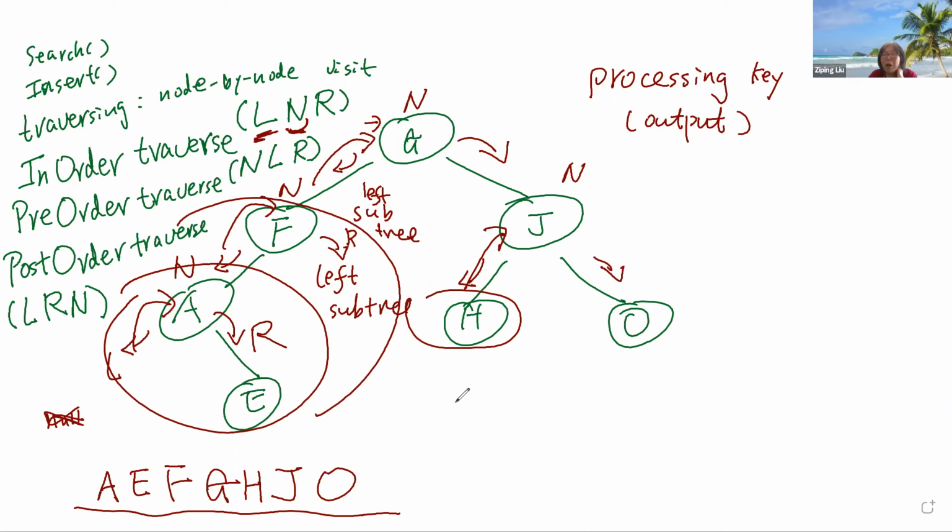So basically here, did you see, you finish left, then you go back to the node, then you go to the right, and then you finish the subtree and move back to the node. If you recall, in our previous algorithm discussion, we also saw some algorithms use this kind of idea.